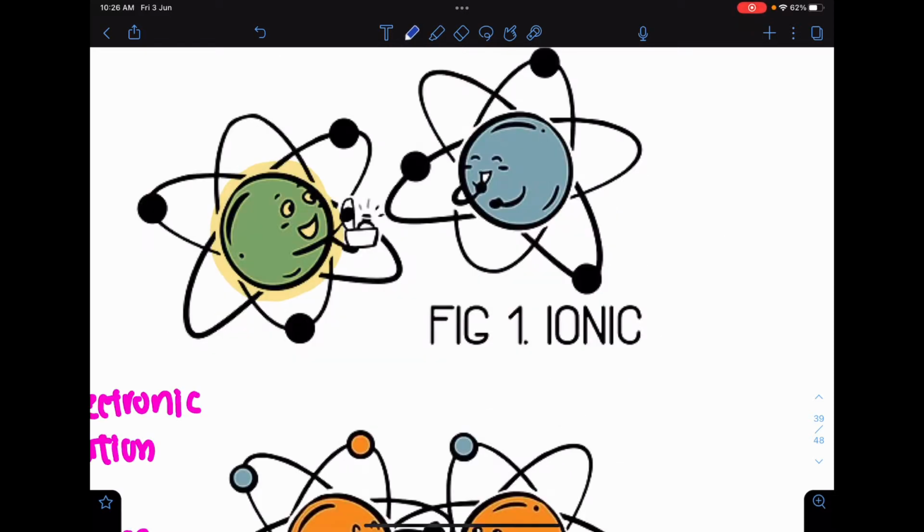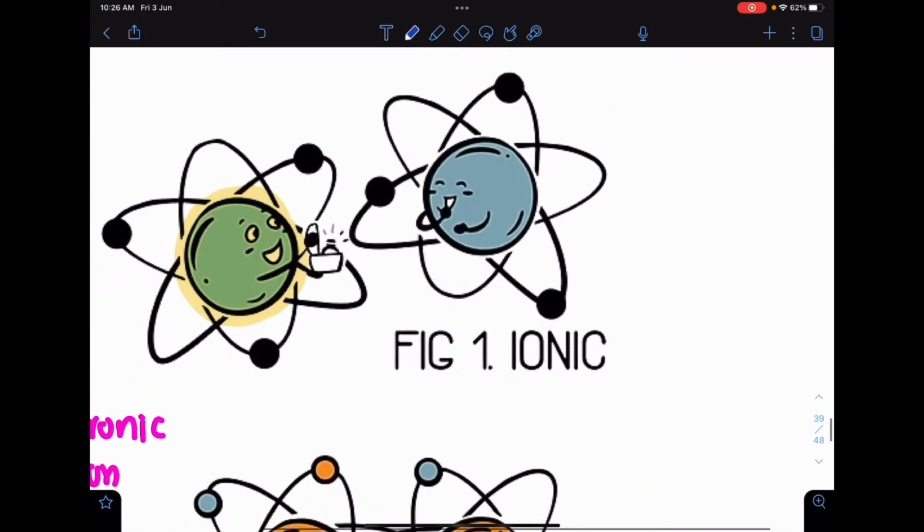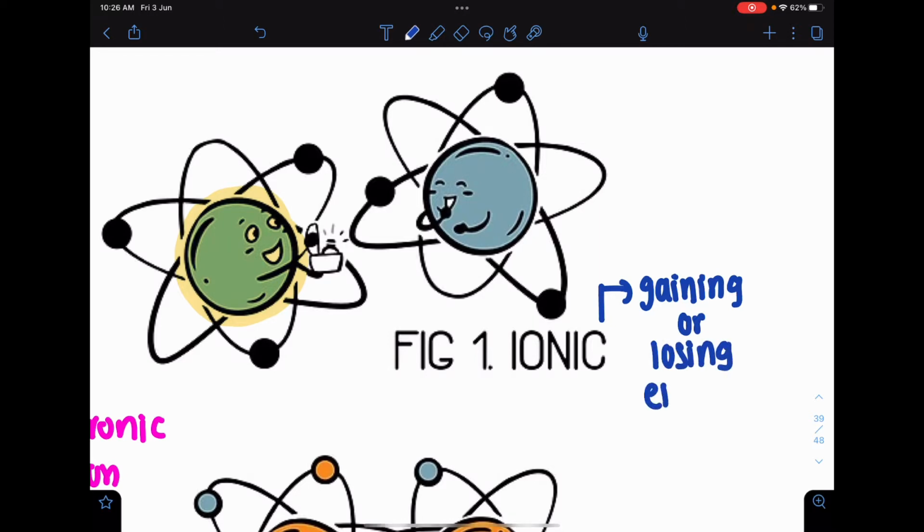So in ionic bonding, atoms will achieve the stable electronic configuration by either gaining or losing some electrons. Sometimes it can be just one electron, like in this case. Sometimes it can be more than one electron, depending on the atom itself.